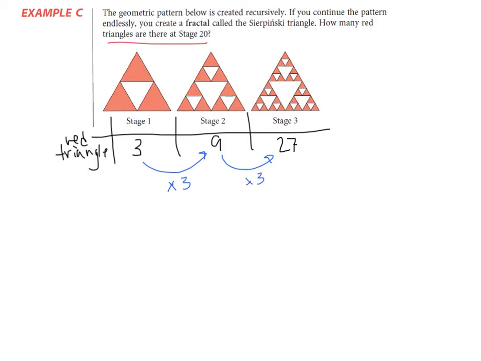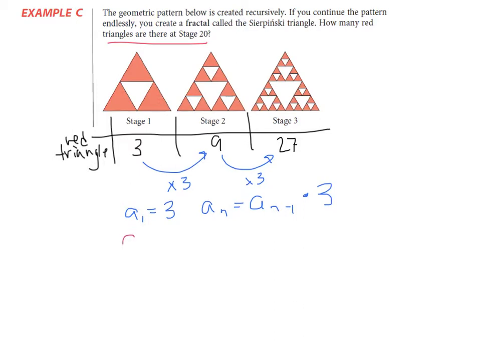Okay, so our rule, starting with our starting amount, we've got the first stage has 3 triangles, and then any stage will be the previous stage times 3. Okay, and actually we like to write that with whatever's being multiplied out front.